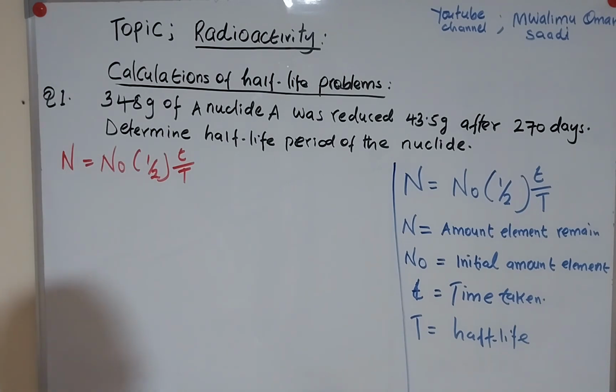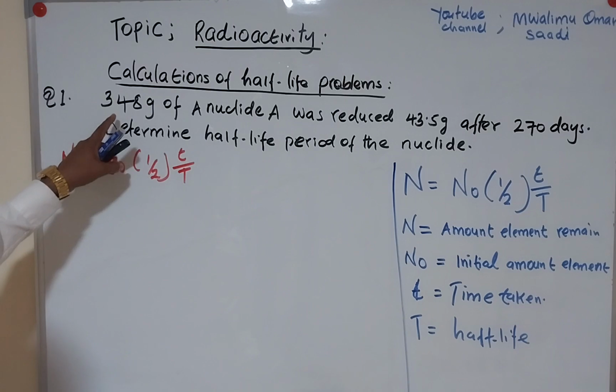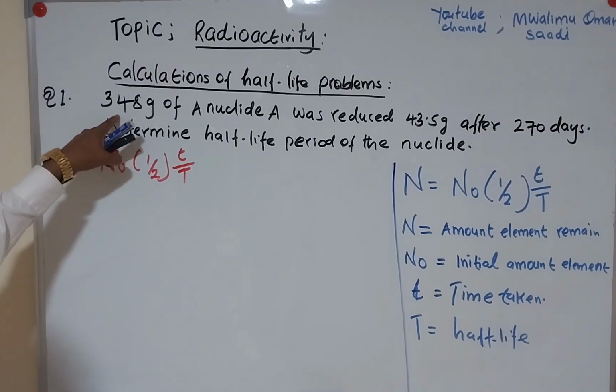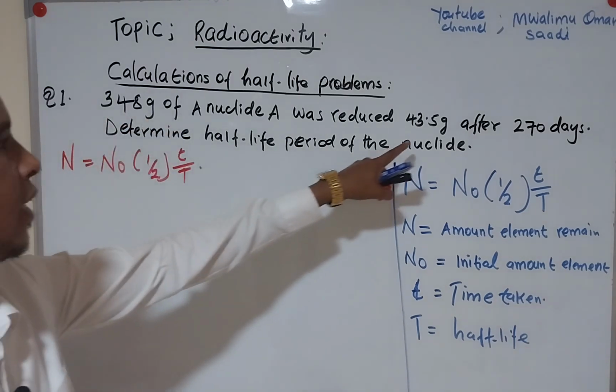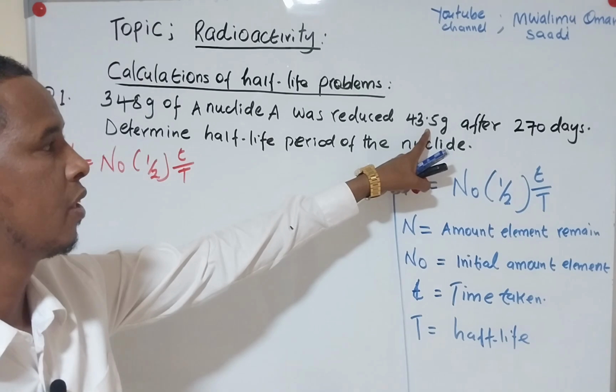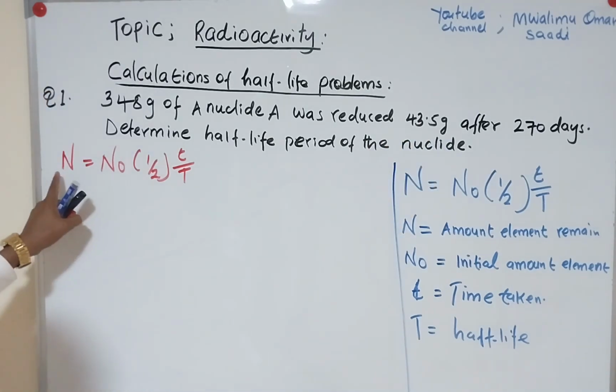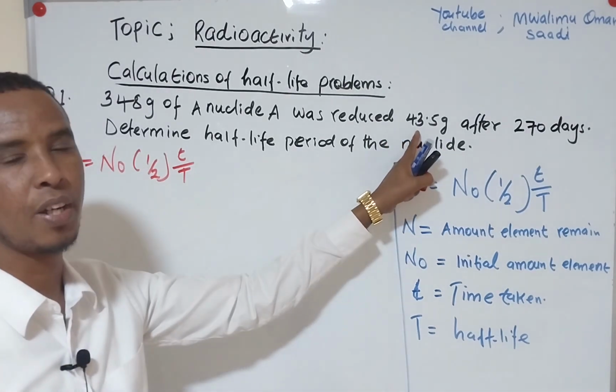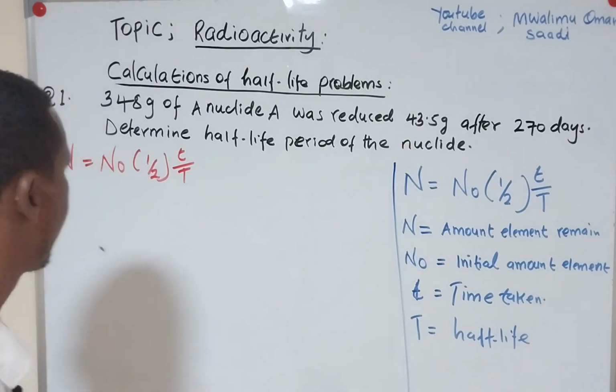So from there, we have got the initial mass, that is 348, and the mass that remains after decay, which is 43.5. So our N now becomes 43.5. This is the amount that remains.